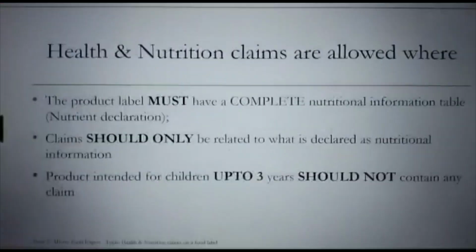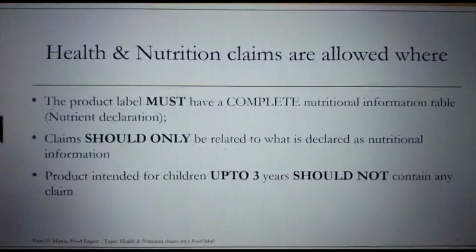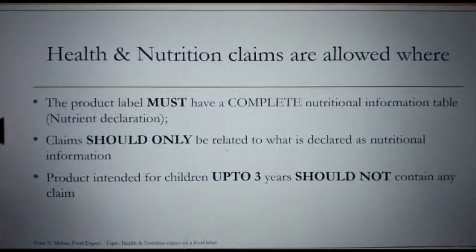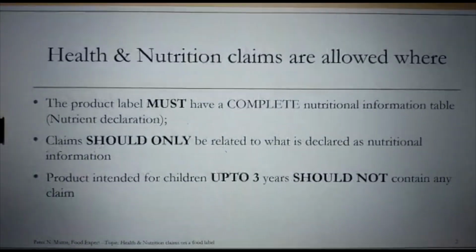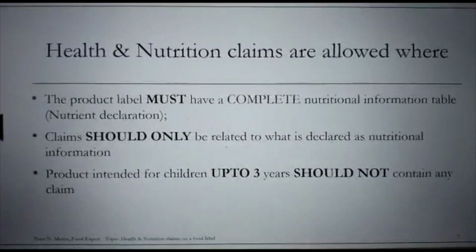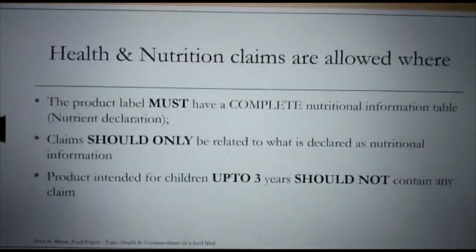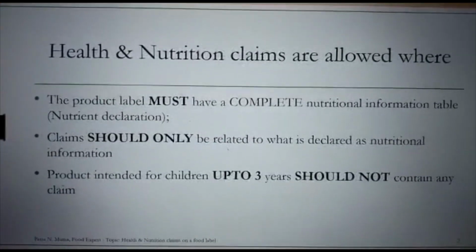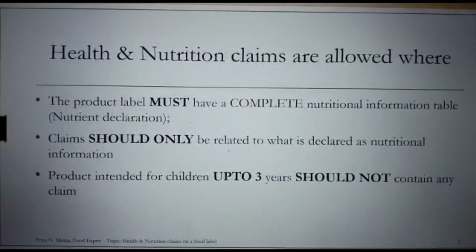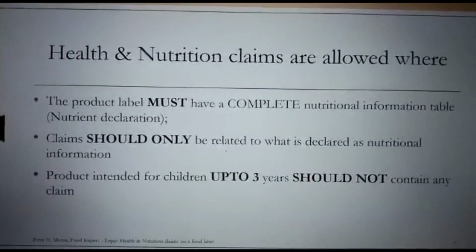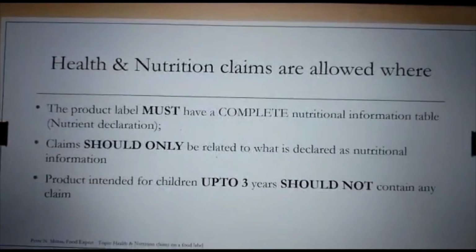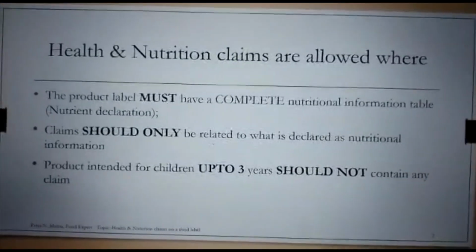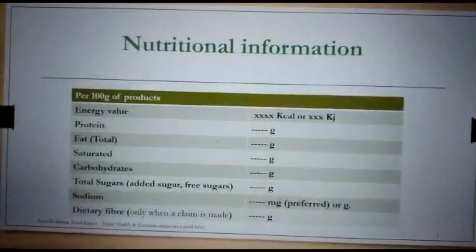The use of health and nutrition claims internationally are governed by three key principles, or what I'll call the guidance, that anybody using a claim must comply to. The first one, any product label that is carrying some claims, either nutrition or health claim, must have a complete nutritional information table, or rather what we call the nutrient declaration.